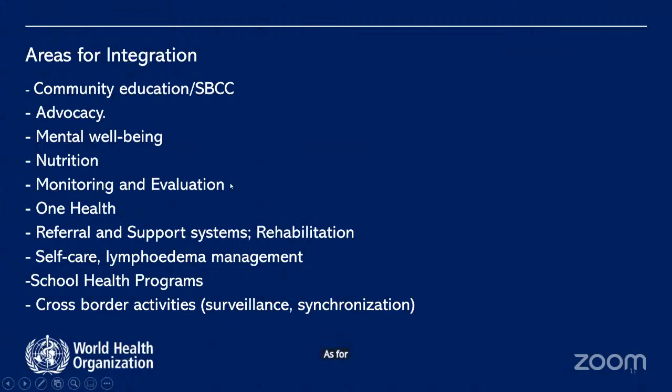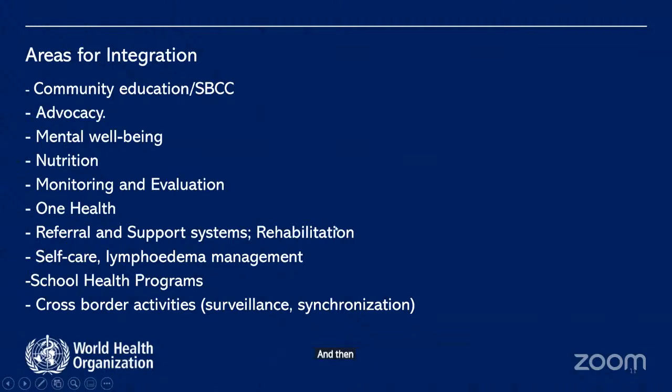Supervision, monitoring, and evaluation can also be integrated. Then we talk about One Health collaboration, where the veterinary services can be collaborated with, because some of the entities are also zoonotic. So here we need that collaboration with the veterinary department, for instance.